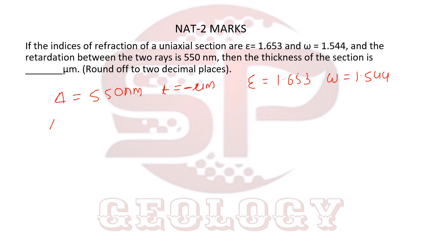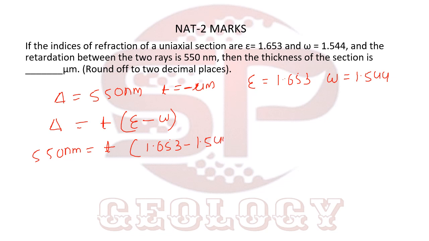So you put the formula: retardation equals thickness into birefringence, that is high refractive index minus low refractive index. So retardation is given 550 nm. Thickness we have to calculate, and 1.653 minus 1.544.